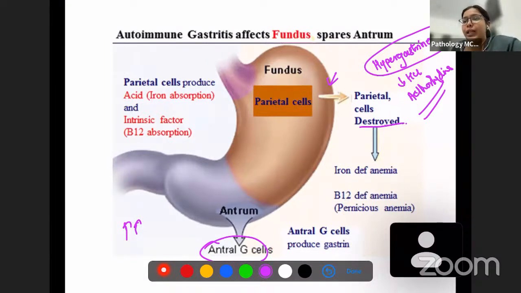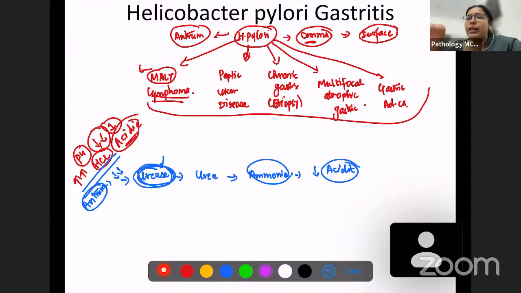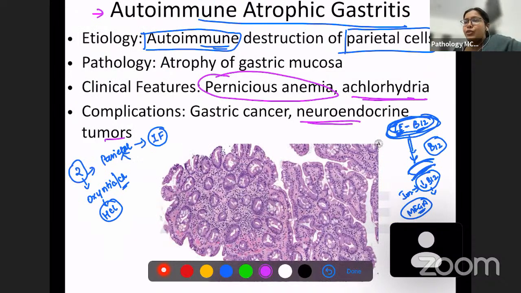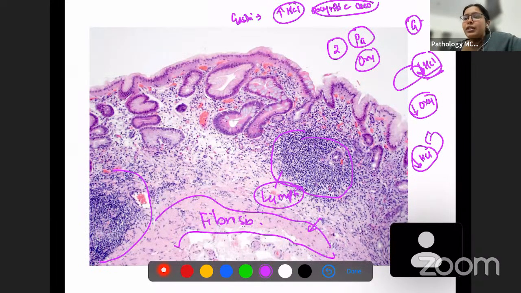Two types of cancers are associated with autoimmune gastritis: gastric cancer and neuroendocrine tumor. Two types of tumor are associated with H. pylori: lymphoma and gastric adenocarcinoma. So this is the pathophysiology of autoimmune gastritis. Here we can see the histology: there is fibrosis, and many lymphoid aggregates are present.